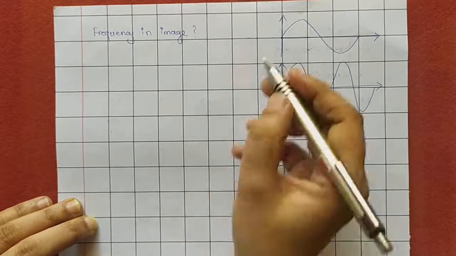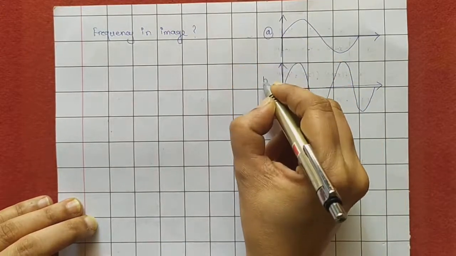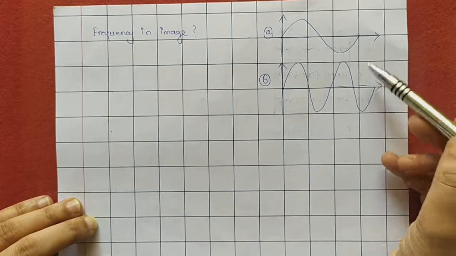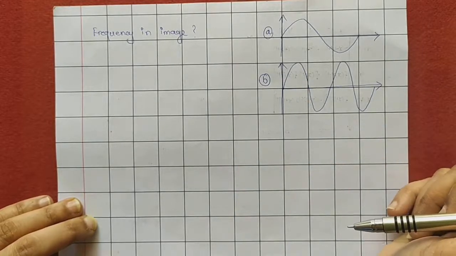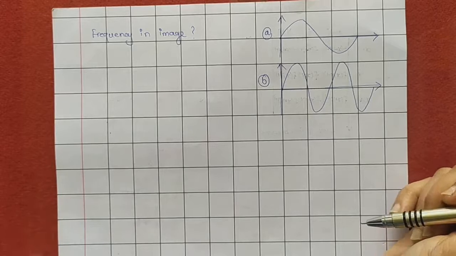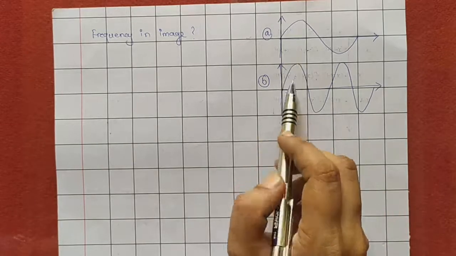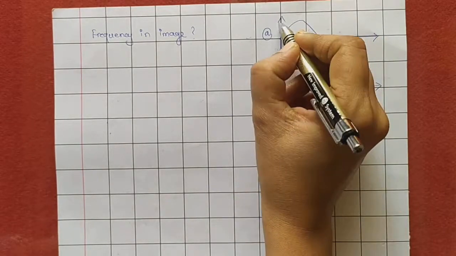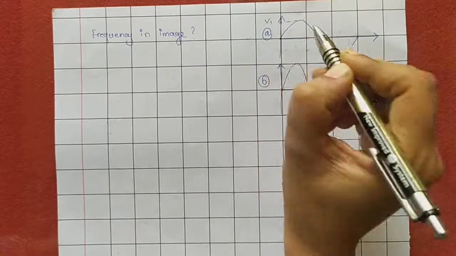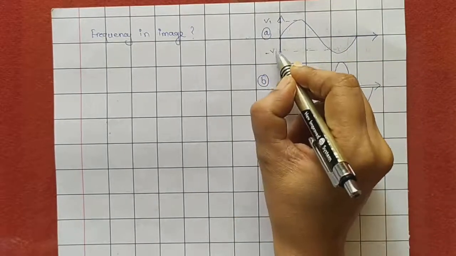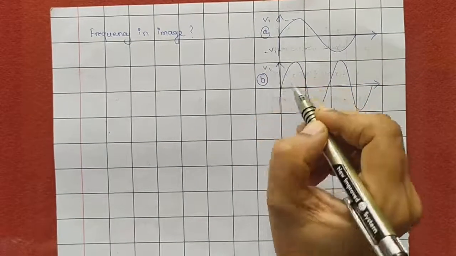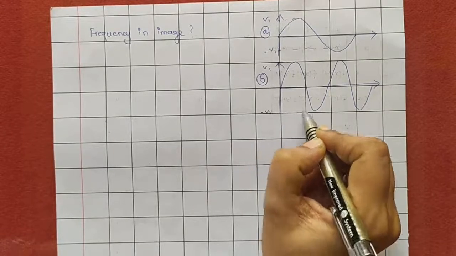This is signal A, and consider signal B. By observing these signals we can understand which signal has more frequency and which has less frequency. If these are voltage signals, let's consider them as V1 and minus V1.